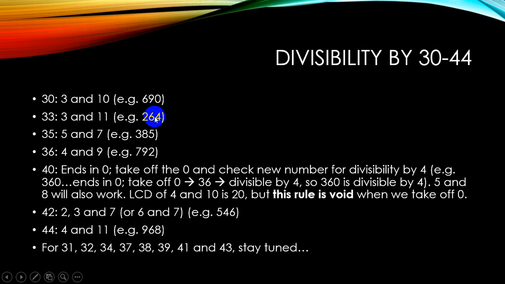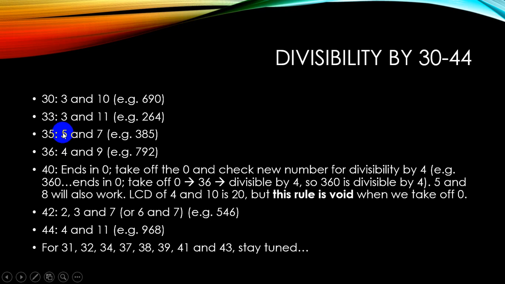So 264, remember for 3 is just add up 2 plus 6 plus 4, which gives you 12. Multiple of 3, check. 11, 26, you break off the 4, and then subtract it from 26 is 22, which is a multiple of 11. So therefore 264 is divisible by 33.